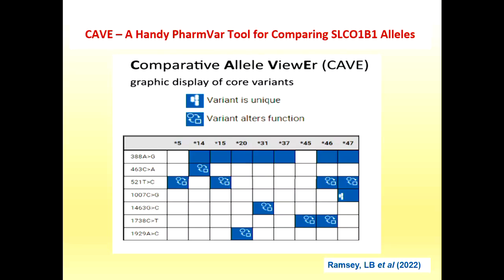And you can see that for some of these star alleles, there's a number of variants that can occur across the locus, and those that are with functional significance have this symbol here with circle to square transition, telling us that some of these variants are functionally significant.